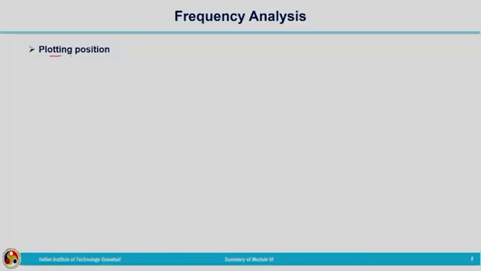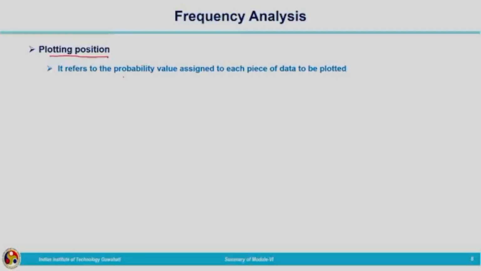Then we moved on to the topic of frequency analysis by making use of certain example data. The first method was plotting position. We made use of the plotting position technique for carrying out frequency analysis. It refers to the probability value assigned to each piece of data to be plotted. Since it is a random variable, corresponding to each value of the random variable there will be an associated probability.